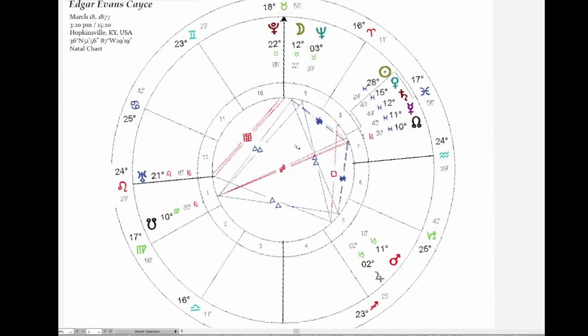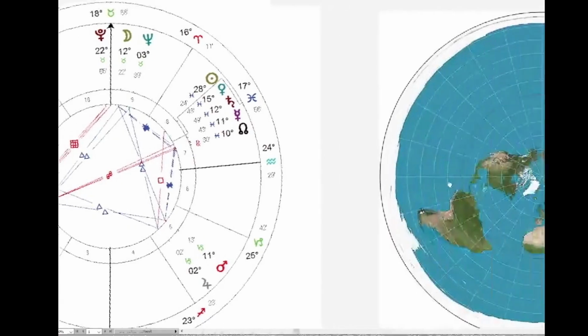If you're on the land and you look to the east and you look to the west, you're facing south. Behind you is north. And that's how the chart is laid out, and that's what I'm going to explain today.